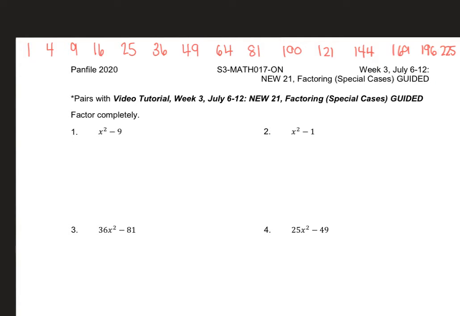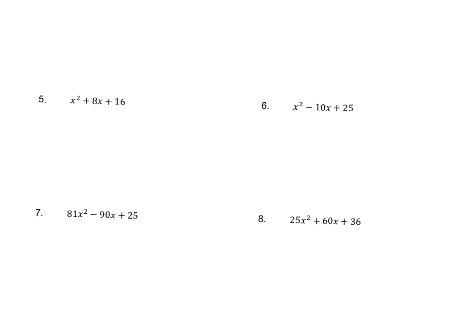They didn't all start with an x squared. Some of them started with an x to the third. Some of them had 2 terms. Some of them had 3. If you look at these, some of them have 2 terms, some of them have 3, but what they all have in common is if you look at the first term and the last term, they are all perfect squares.